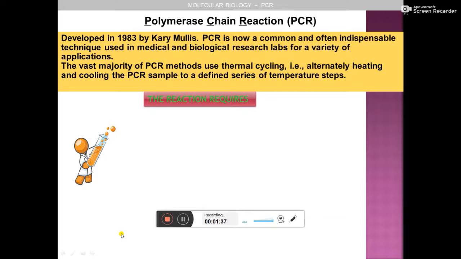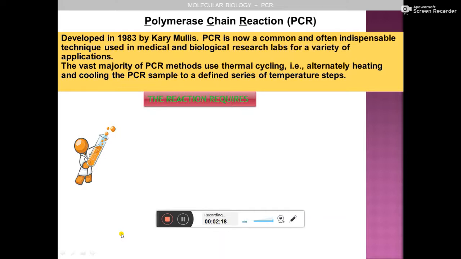Sometimes if you are dealing with screening of colonies, or for the taxonomic identification of microbes, you might use the PCR technique, or sometimes for the identification of any substance, whether it is a plant or an animal, you can use PCR. You can check if you have COVID-19 by a PCR technique. That is also the PCR which we use. The same principle has been followed in all these techniques.